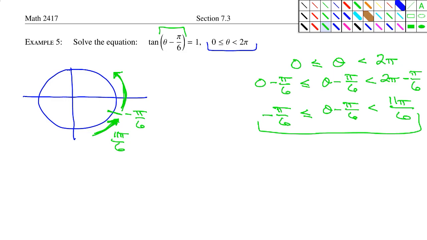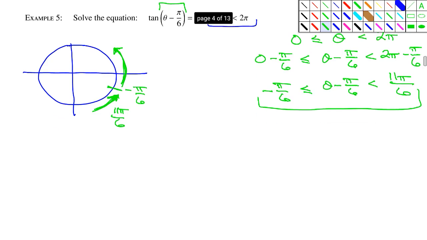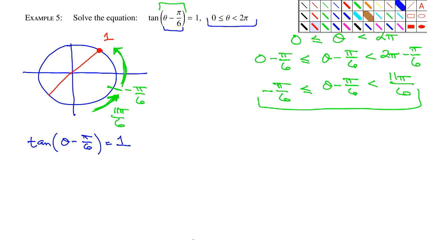So now we proceed. We need to find where the tangent of an angle is equal to 1. Well, the tangent of the angle is equal to 1 in two different places. Either right here, where tangent is equal to 1, or in the third quadrant, same type of angle.